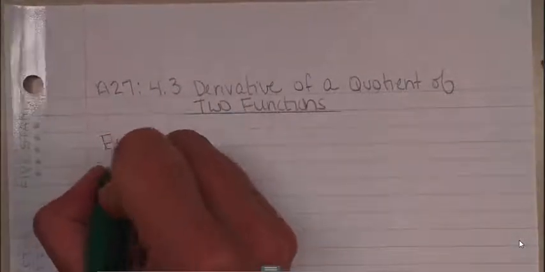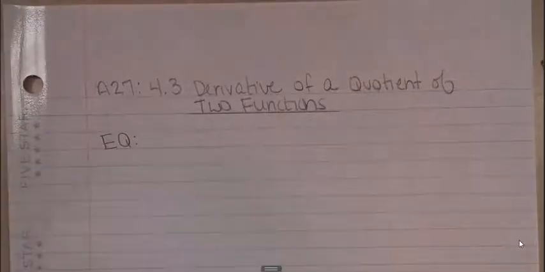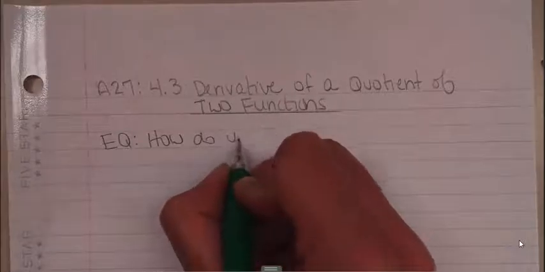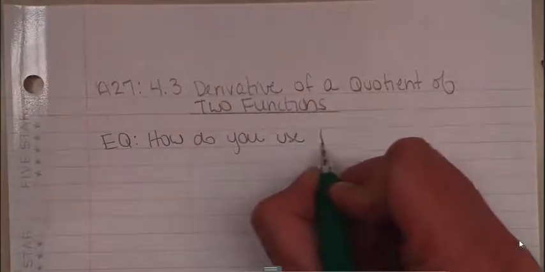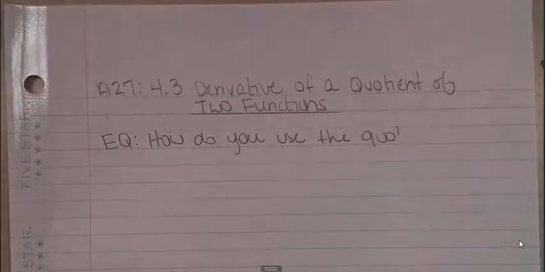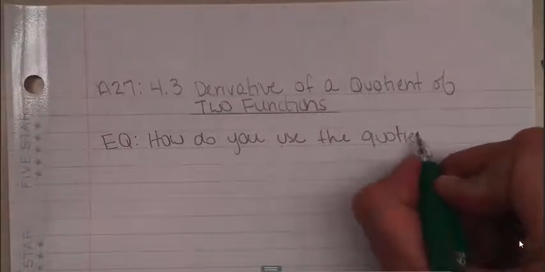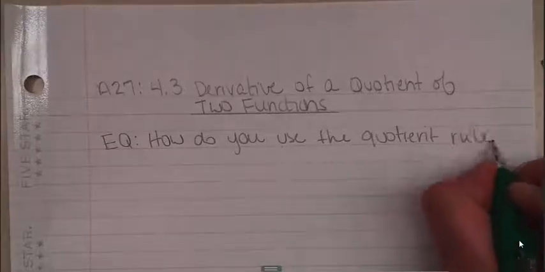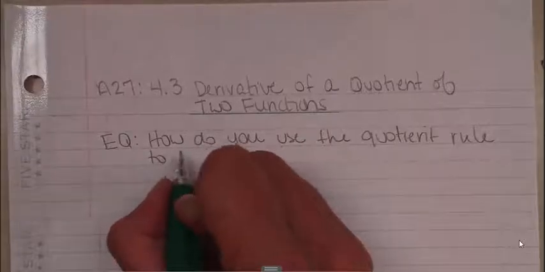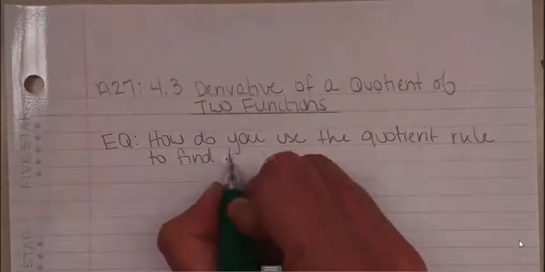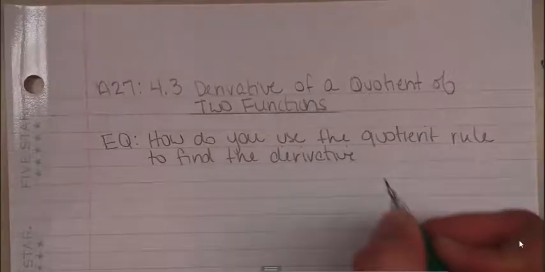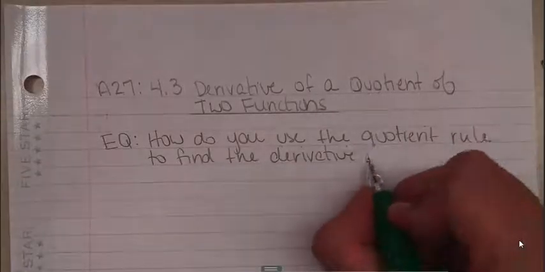Your essential question: how to use the quotient rule to find the derivative of the quotient of two functions.